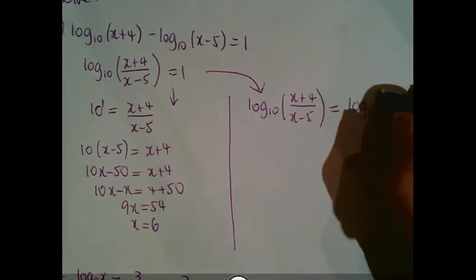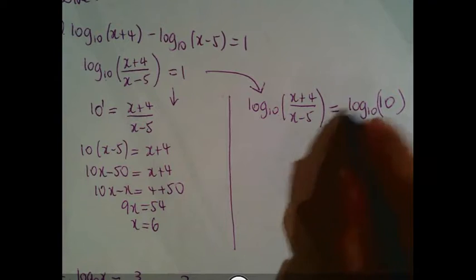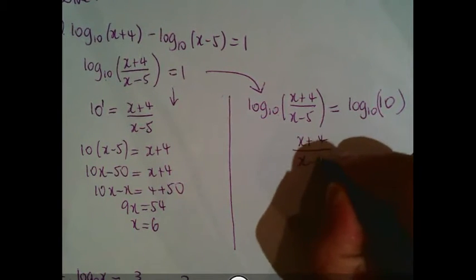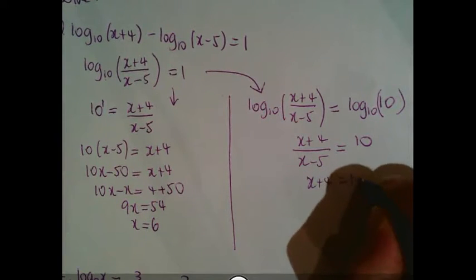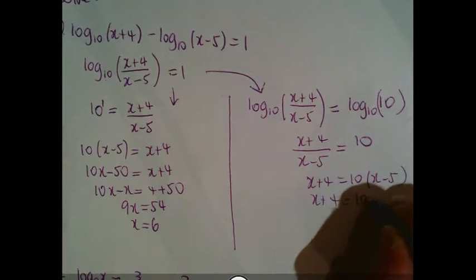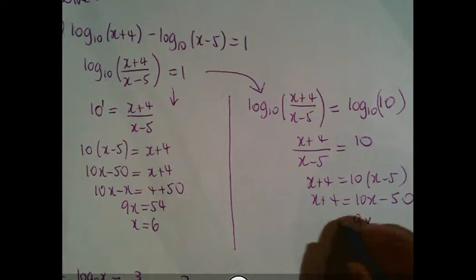So now I'm going to put this 10 here in brackets. So log to the base 10 of this bracket equals log to the base 10 of that bracket. That means that x plus 4 over x minus 5 equals 10. And so on. I can now solve as before, and I'll just get the same solution as before. So I get that 9x is 54, and so x is 6.